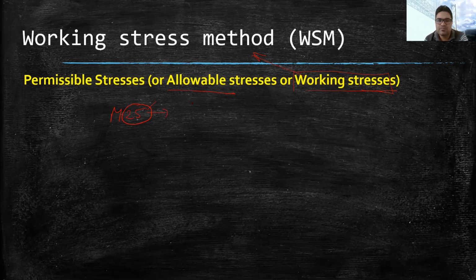Say, for example, if we use one third of the strength, say 8 Newton per mm square, then this 8 Newton per mm square becomes the working stress. So how do we find out this fraction of strength of the material? It depends on a factor which is called the factor of safety. So we will see that.